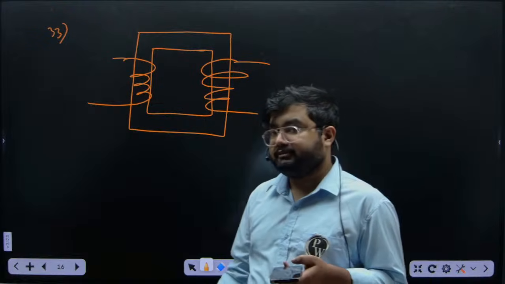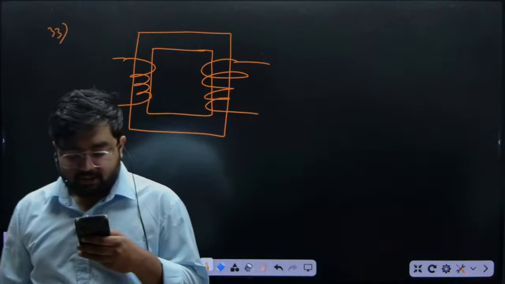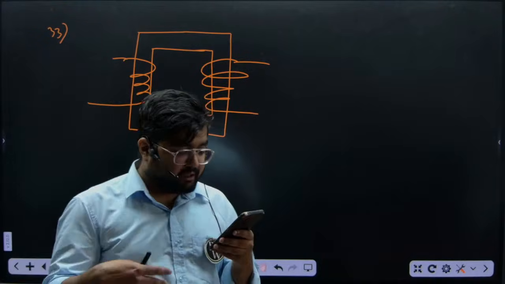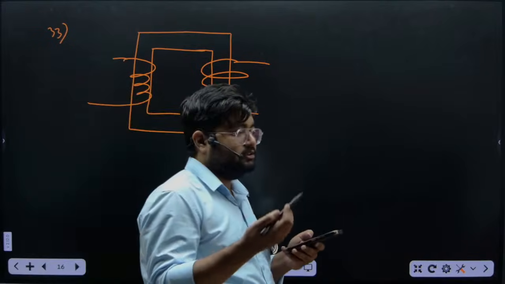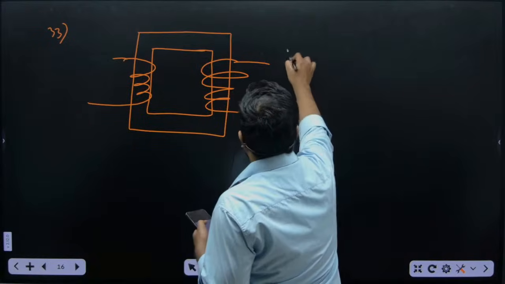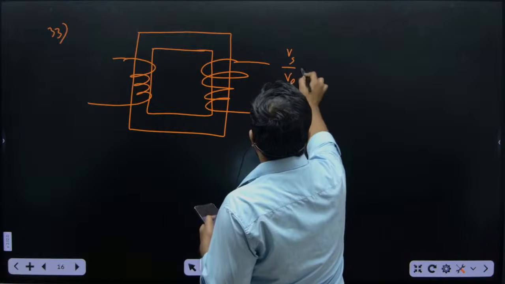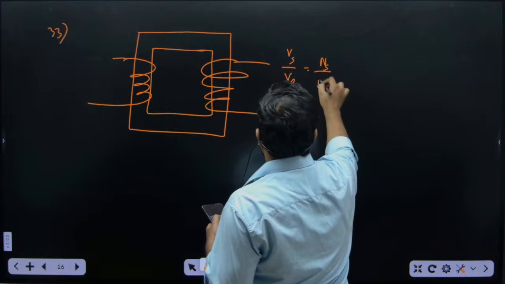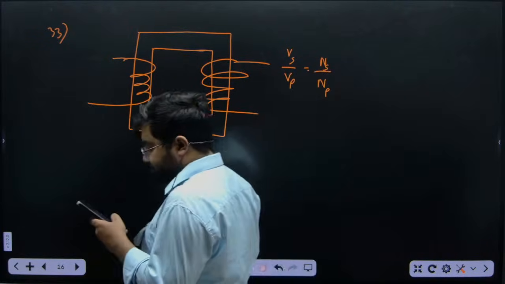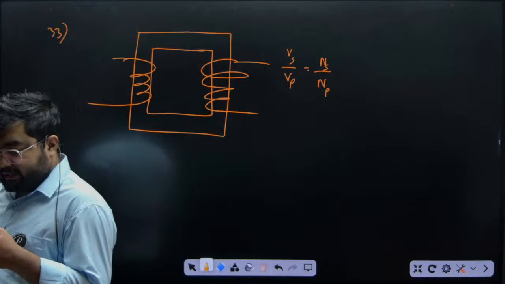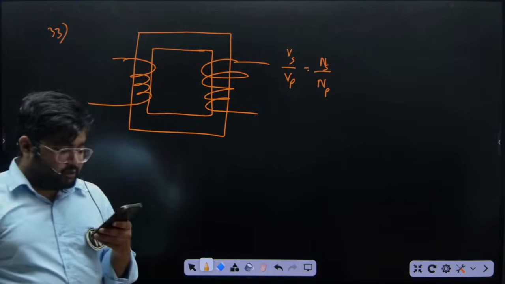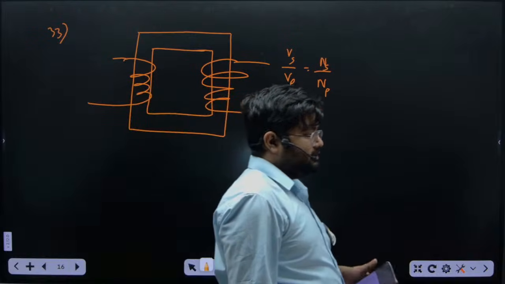It works on the principle of electromagnetic induction. Obtain the ratio of secondary and primary as the number of turns. Okay, you know the secondary voltage to primary voltage is proportional to the number of turns. And now the last is a question based on the same transformer. It's quite a simple question.